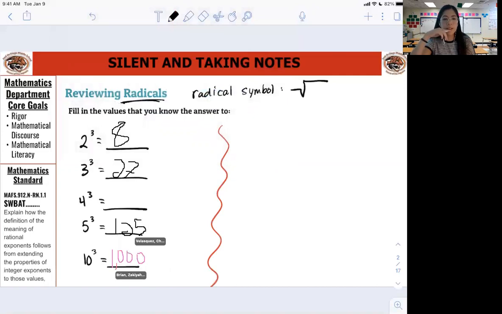125, 1,000. Good. And then we're just missing 4 to the power of 3. Try it out. Do it on your own. 4 times 4 times 4. What do you got?